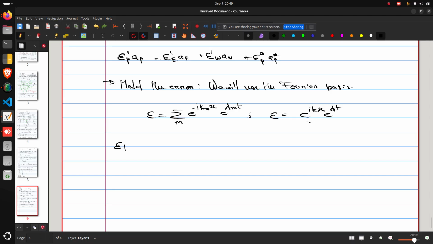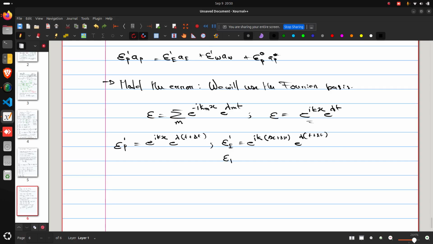So epsilon P at the next time step will be nothing but e to the power i k x times e to the power lambda (t plus delta t), right? Because this is at the next time step. Similarly, epsilon east will be e to the power i k (x plus delta x) times e to the power lambda (t plus delta t).